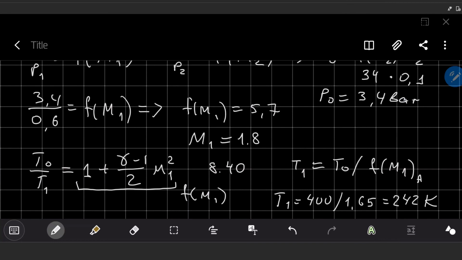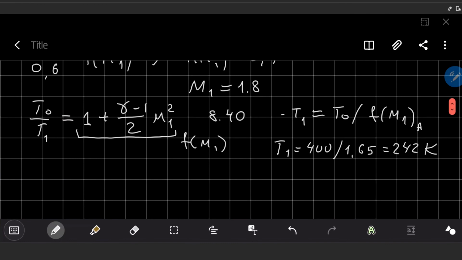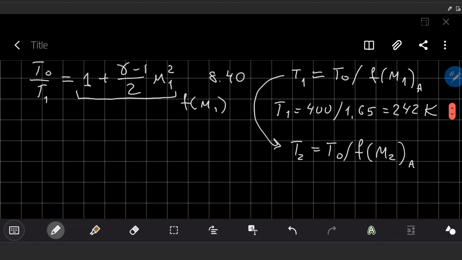Same thing I will do for point 2. I will write in absolutely the same way as I did this formula. I will write that my temperature 2 would be equal to T0 divided by function of Mach number 2. Just now from Appendix A, I need to see what is the value of this function. So T2 is 400 divided by, and my Mach 2 was 2.95.